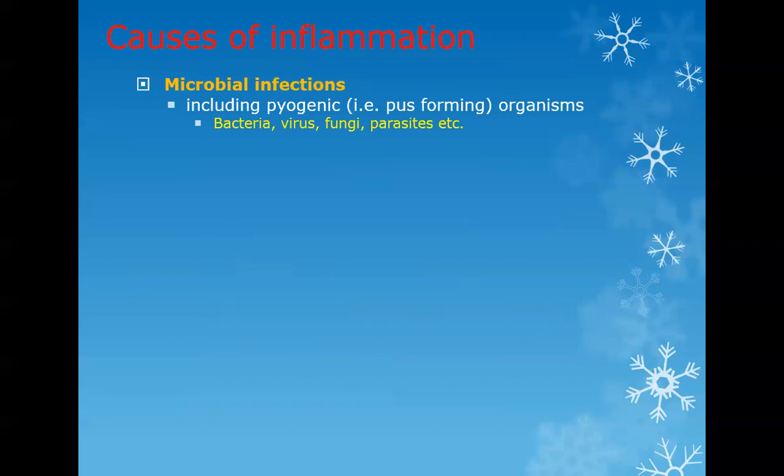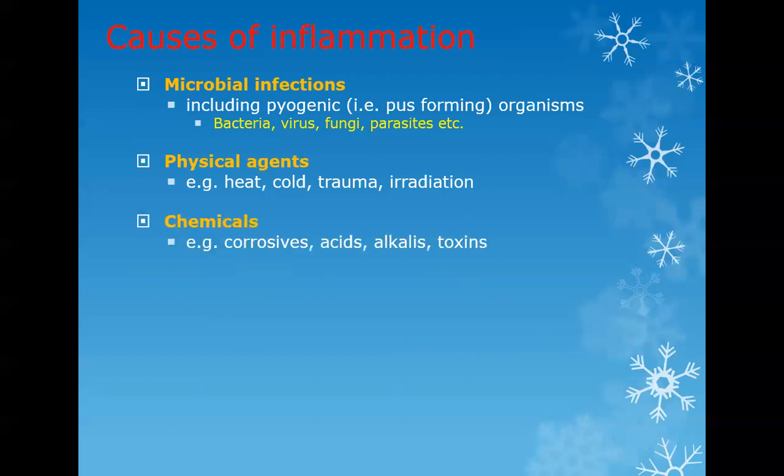So the causes of inflammation: we have microbial infections like bacteria, viruses, fungi. We have physical causes like extreme heat, extreme cold, trauma, irradiation. For example, while you are making tea, you can pour hot water on your hand, and that will burn your hand and start the inflammatory process. Chemicals like corrosive acids and alkalis also cause inflammation.